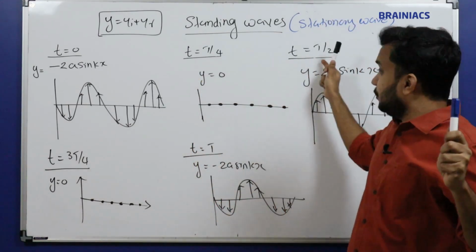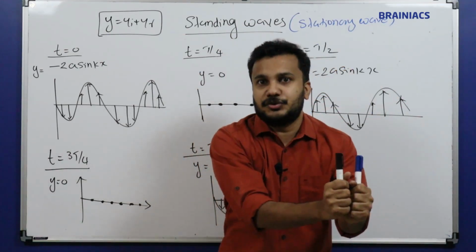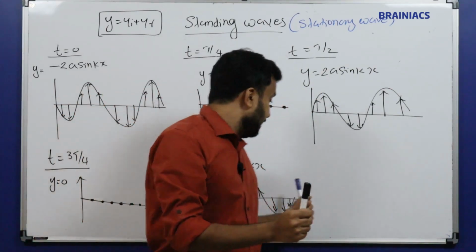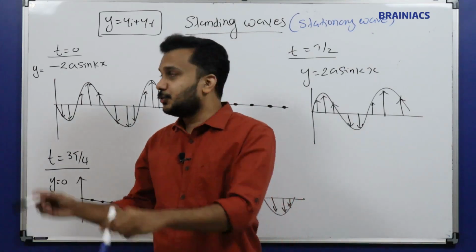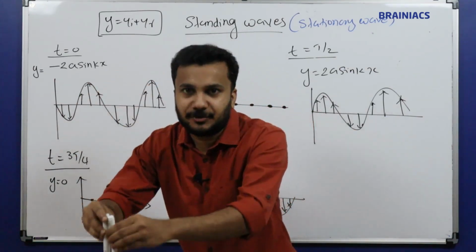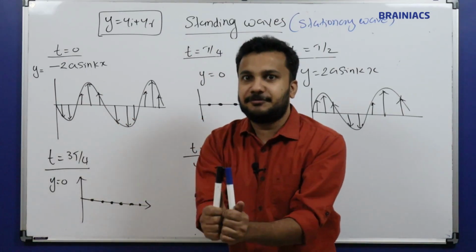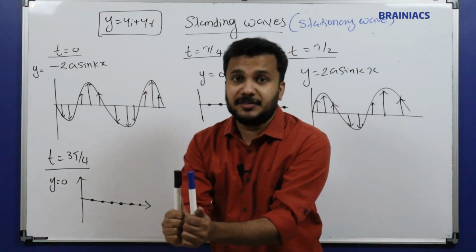Next, at t is equal to 3T by 4 what will happen? Again everybody will come to 0. Then at t is equal to capital T, everything will go down again.